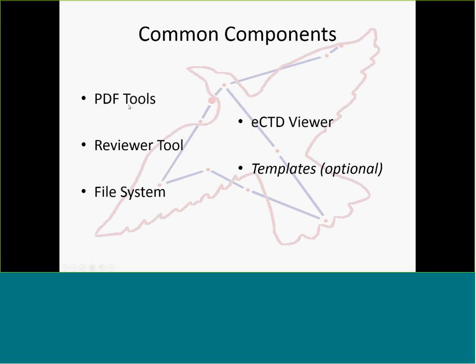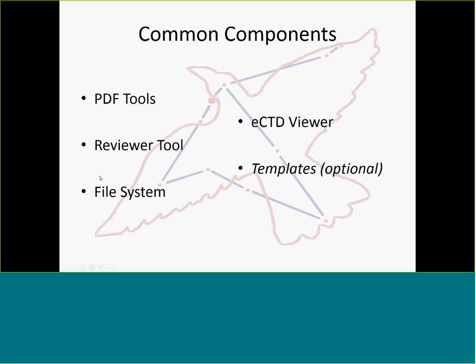So the common components, obviously, tools. You need to manipulate your PDFs. A tool so that your reviewers can look at your application, QC it, and after it's been submitted, actually reference it. You need to be able to remember what you submitted.